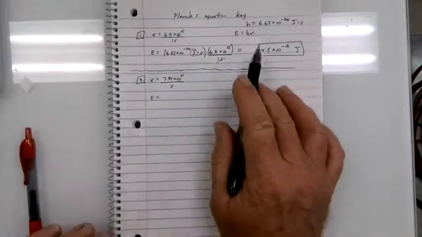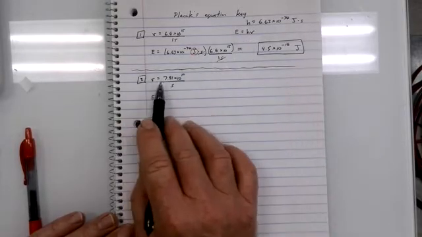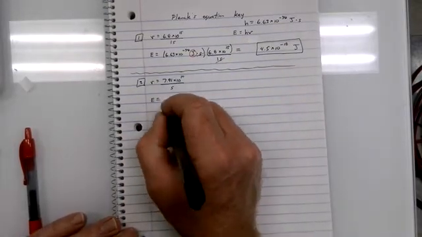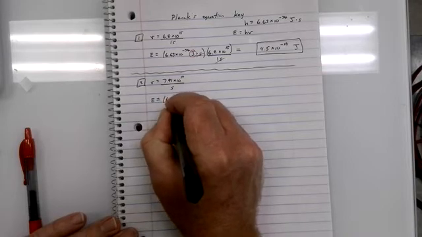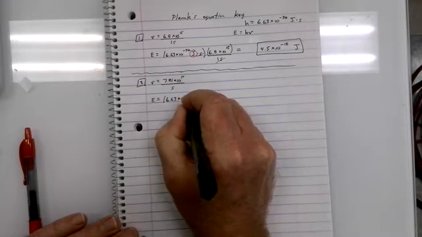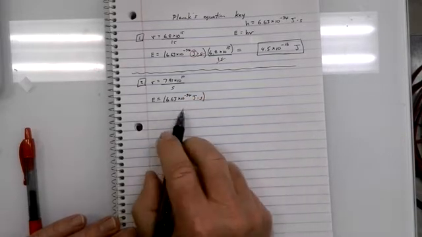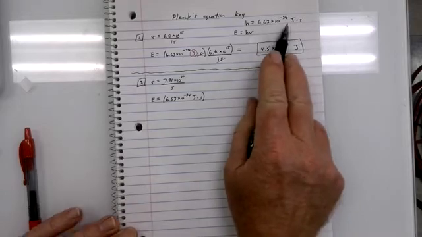So again, we're going to use h from up here, and we're going to use the equation E equals hv. We have the v, so we have 6.63 times 10 to the negative 34th joules multiplied by seconds. So that's the h, the constant.